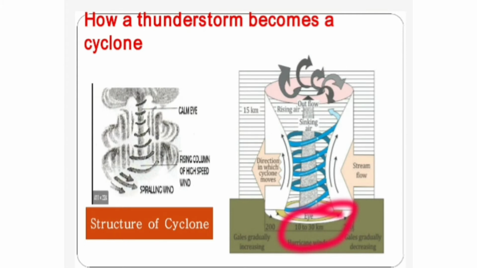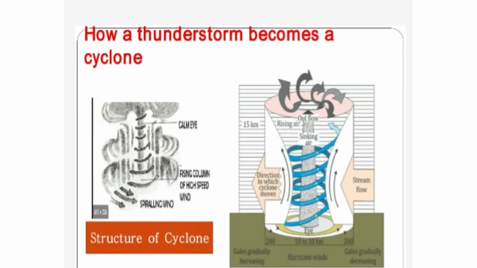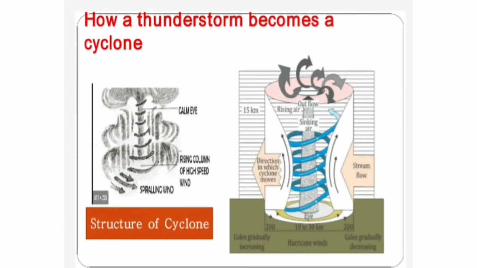It is a region free from clouds and has light winds. Around this calm and clear eye, there is a cloud region of about 150 kilometers in size.